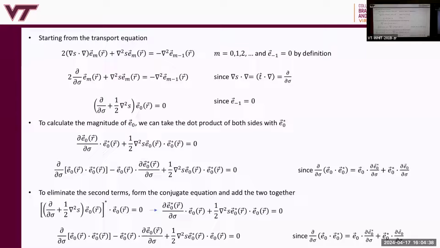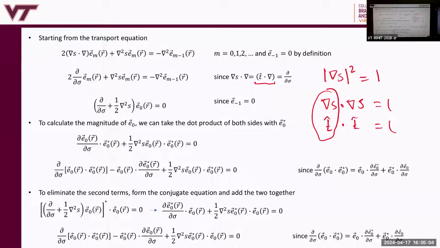We can write that as t dotted with the gradient, because by the eikonal equation the magnitude of the gradient of S squared is equal to 1. We can write that as the gradient of S dotted with the gradient of S, and if that has to equal 1, then this has to be a unit vector. We can call it t hat for the tangent direction to the ray. So the gradient of S is equal to t hat in free space.